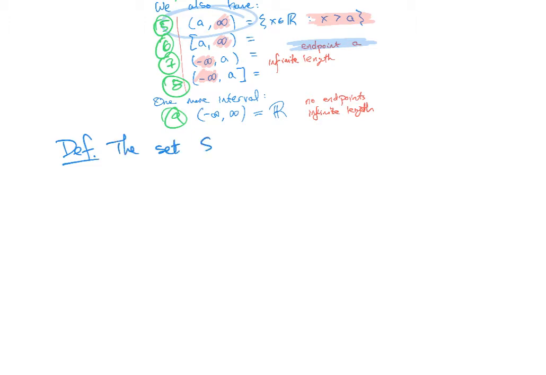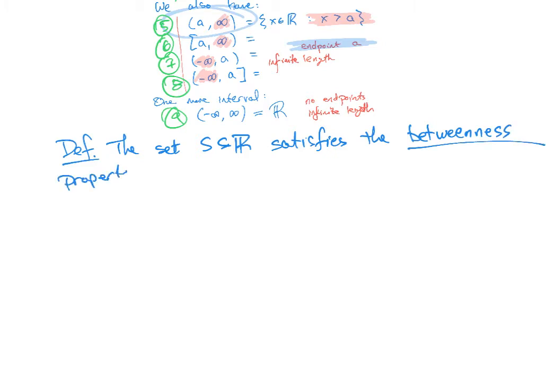Now we're going to say that a set satisfies the betweenness property if whenever you take 2 points in the set, then every point in between them is also in the set.